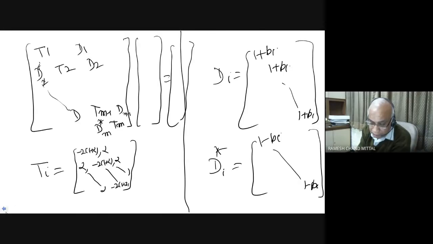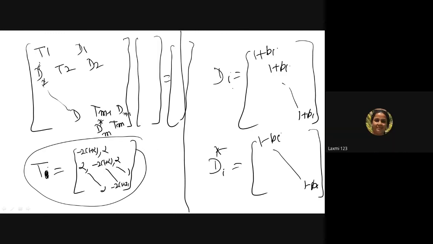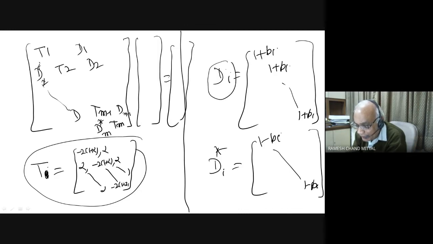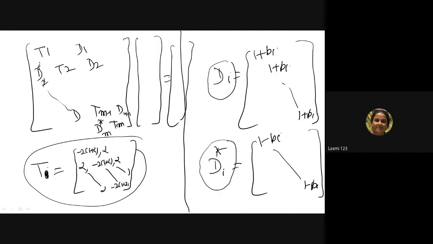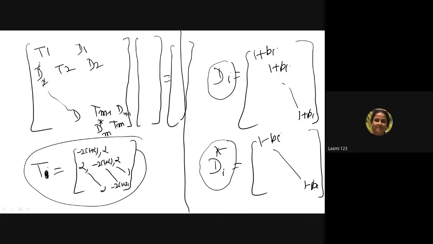So these m matrices are all different, and their eigenvalues will be different. No, Ti is not different, I'm sorry. This is T, and it is the same, but my Di and Di stars are different. So that is the difference. Since things are changing, you have slightly more computation, but the structure remains the same.